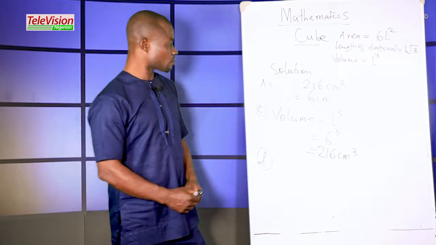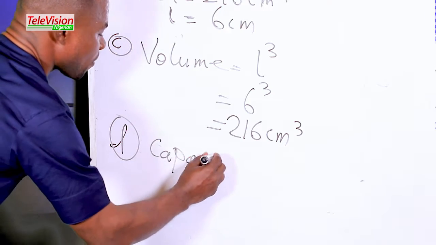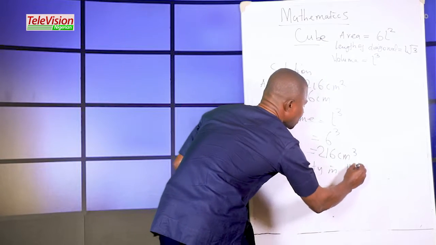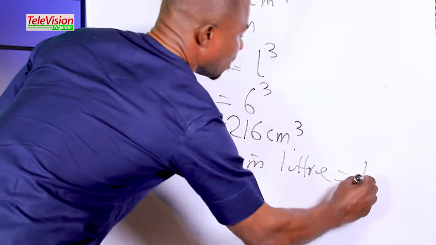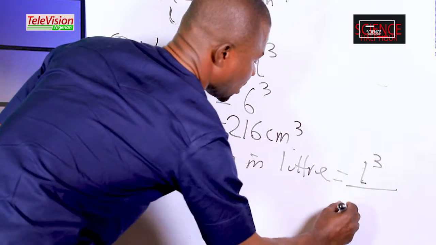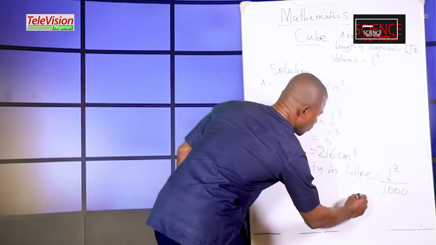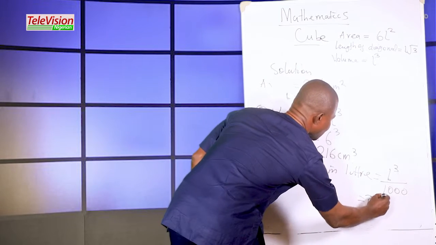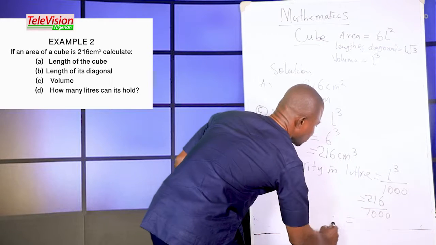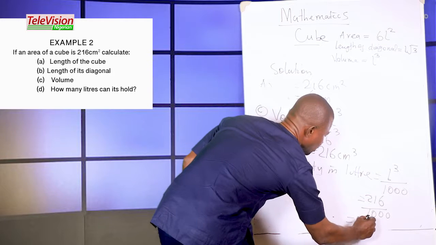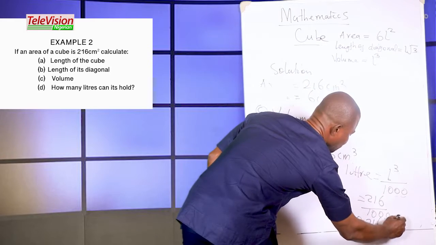So the capacity in liters is equal to L raised to the power 3 divided by 1000, which is equal to 216 divided by 1000. The answer gives us 0.216 liters.